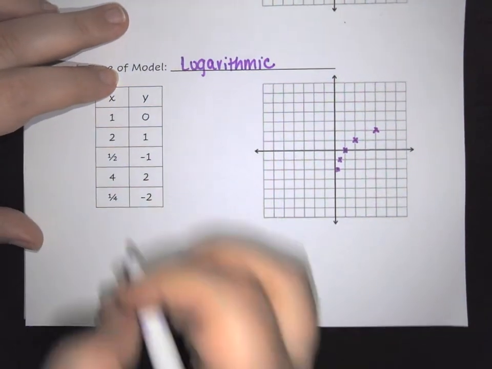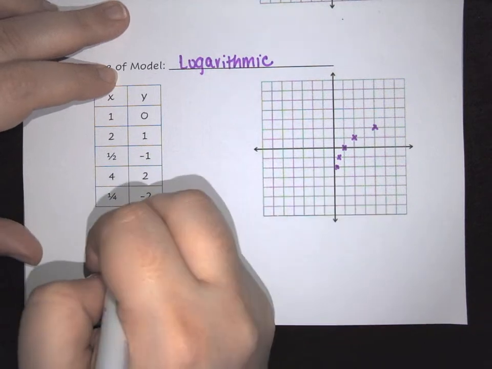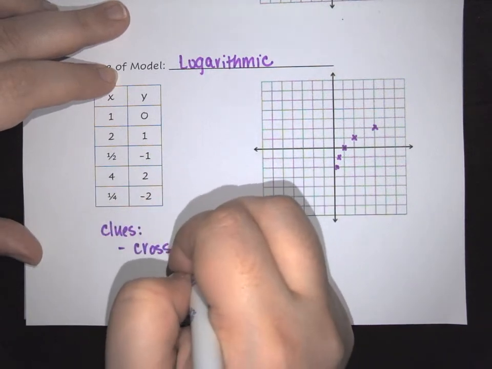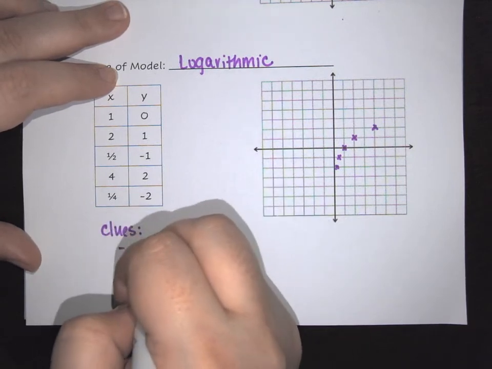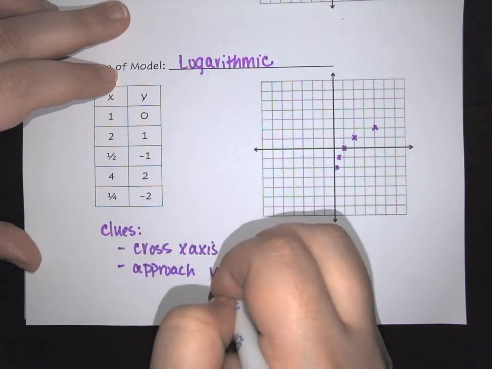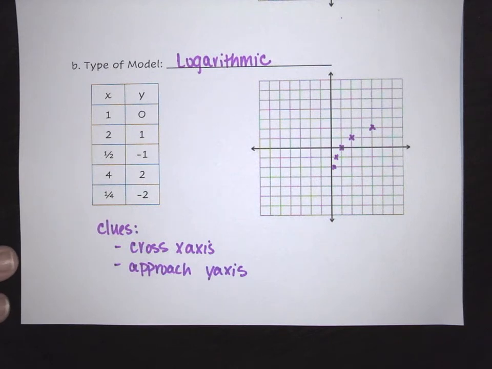Okay, so again, your clues here were that first it crosses the x-axis, and second it is going to approach the y-axis. Those are the 2 major clues that you have that this is a logarithmic graph.